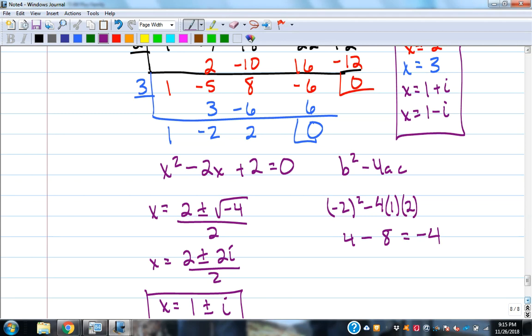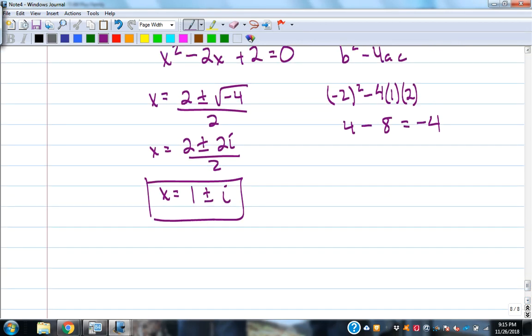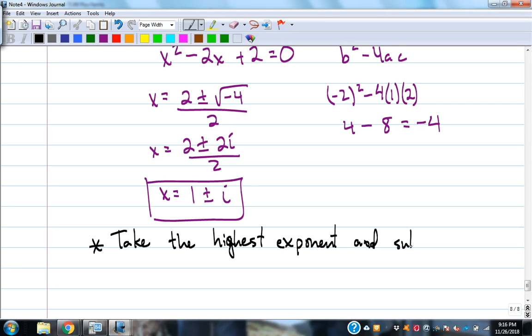Here's a rule of thumb that you can use when you're trying to solve polynomials. Take the highest exponent and subtract 2.